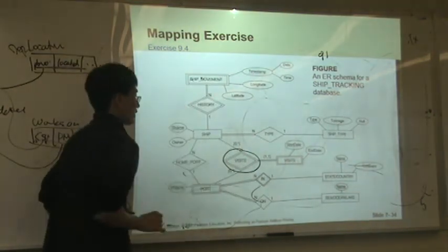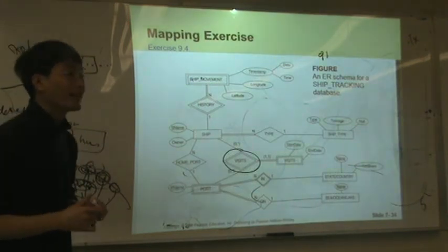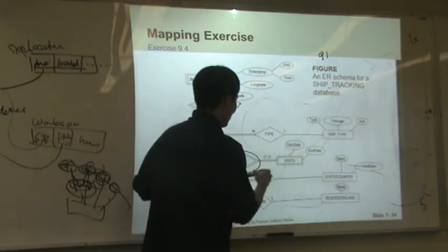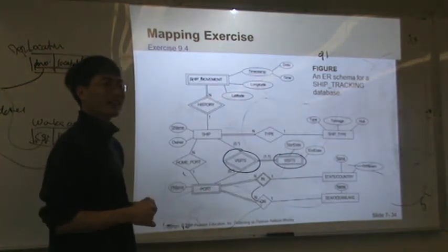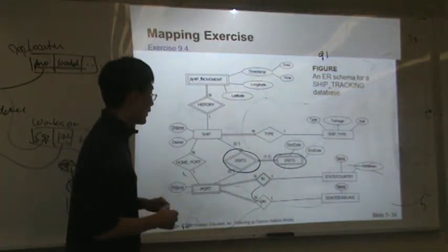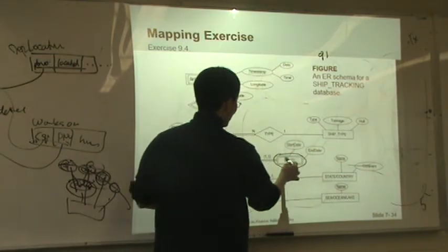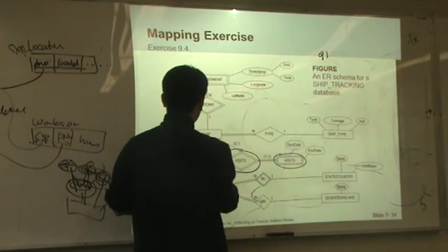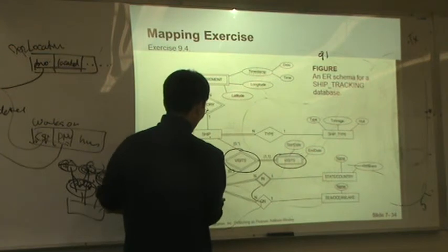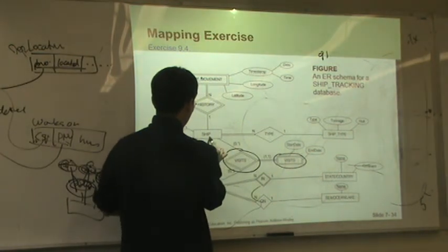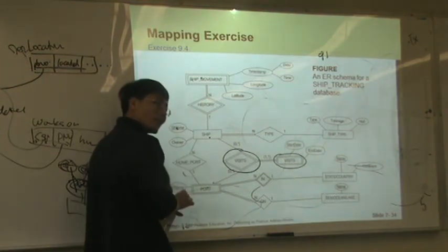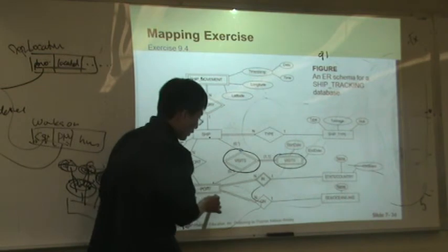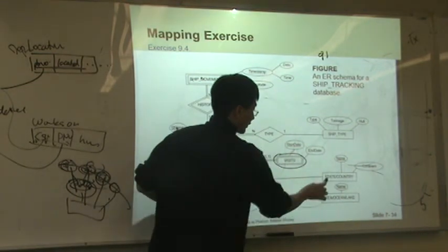The problem is this is ternary, but in this ternary relationship there is a weak entity. You should be careful. Weak entity means there's no primary key, so you should borrow the key of the identifying entity. Which one is identifying? This one and this one. So S name plus, this is also a weak entity, so you need to find the referencing.